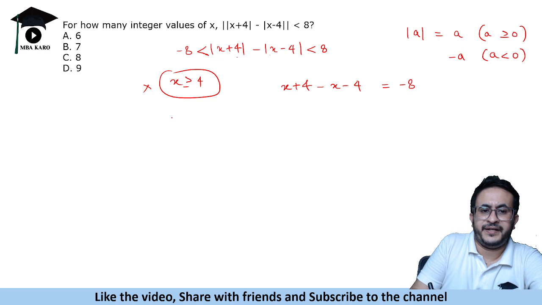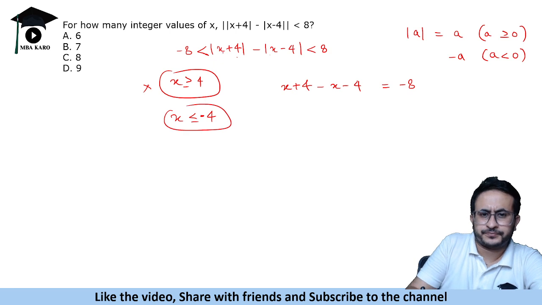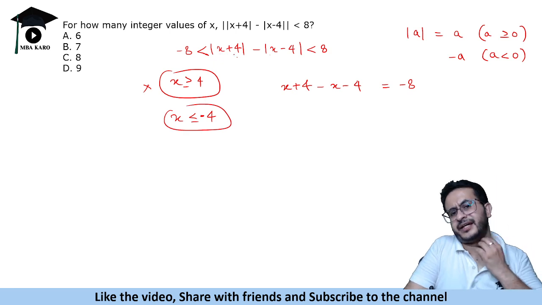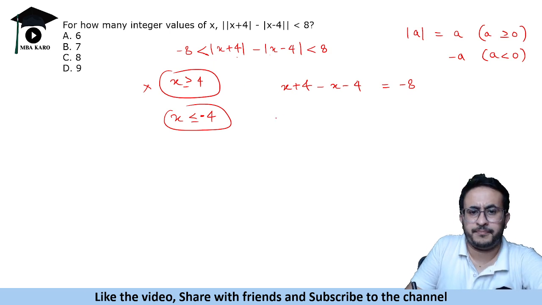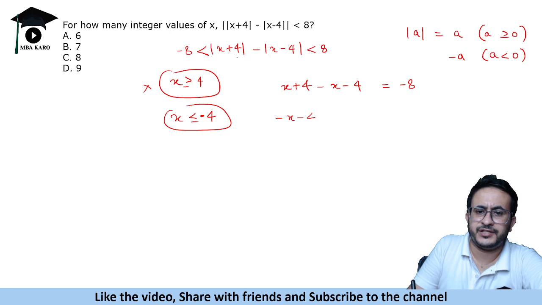If we take x less than or equal to minus 4, yes, because this is minus 4. So now if you take a lesser number, this is going to be a negative number, so it will become minus x minus 4.